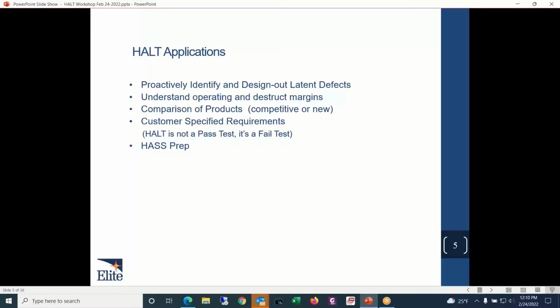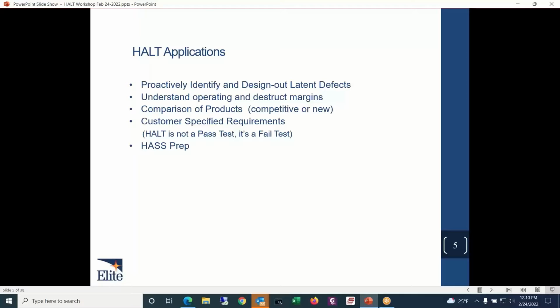Again, understanding operating margins, destruct margins. HALT is also used as a comparative test. A lot of clients come to us and say, I've had this particular product in the field for some years. We've improved it, or we've got a different design, or even a competitive design. And can we assess the performance of our existing design against this newer competitive product that we have? So it's used for that purpose.